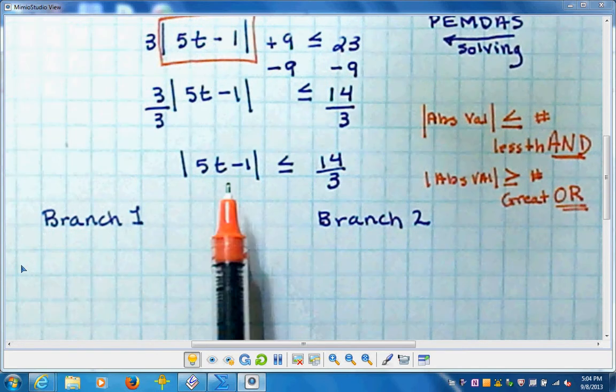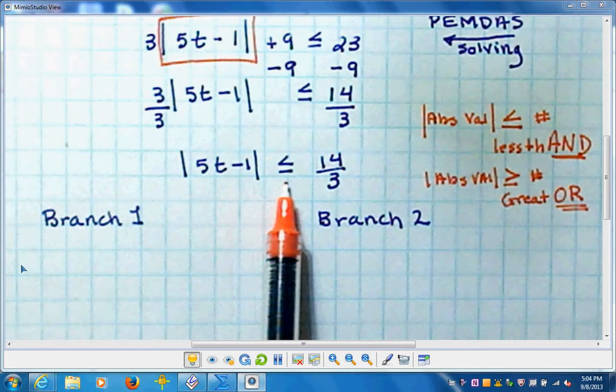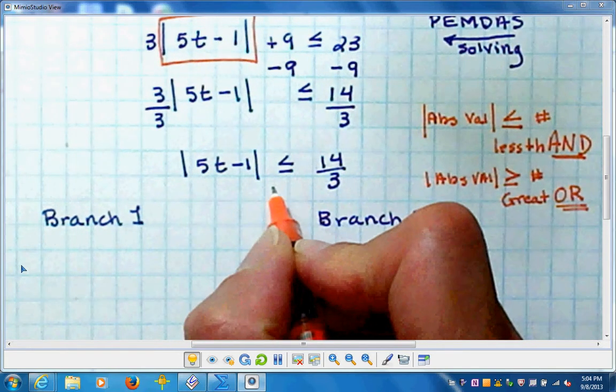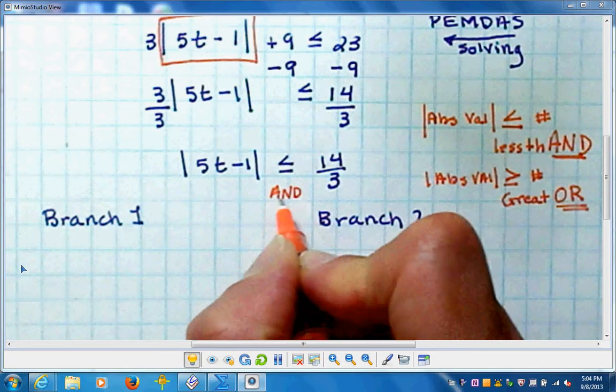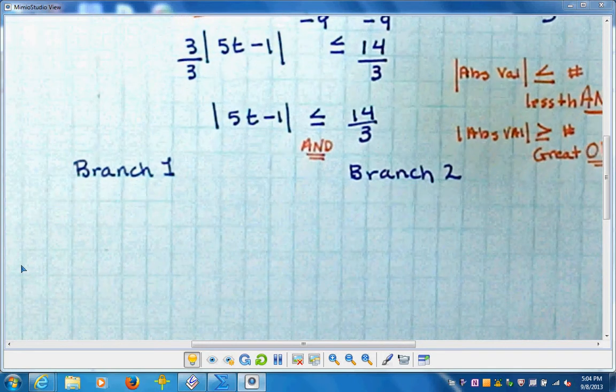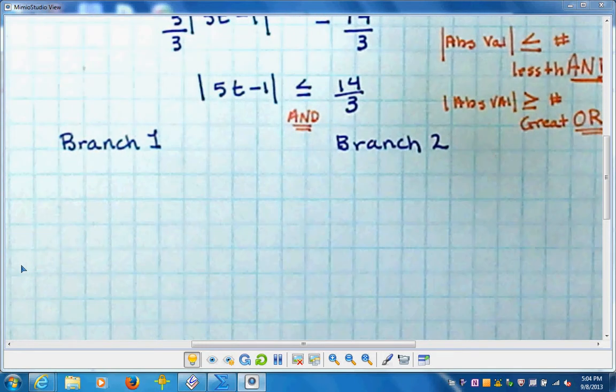So our absolute value is less than that number. So since this is less than, it's an AND problem. Okay, so we just want to keep that in mind. So let's go ahead and solve for t.